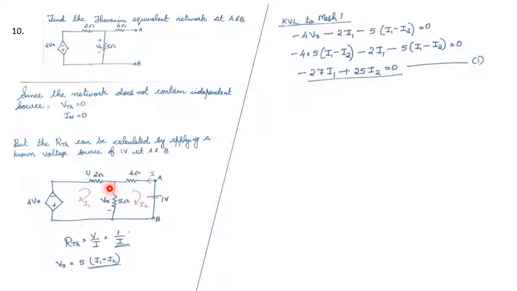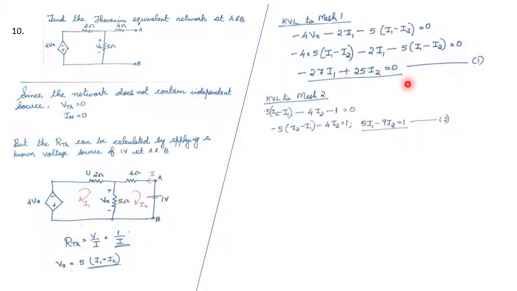Vx is this voltage. Vx is equal to 5 into I1 minus I2. Vx is voltage across 5 ohm resistor. That will be equal to this current into 5. So Vx is equal to 5 into I1 minus I2. Substitute this value for Vx here. Then we will get the equation like this.